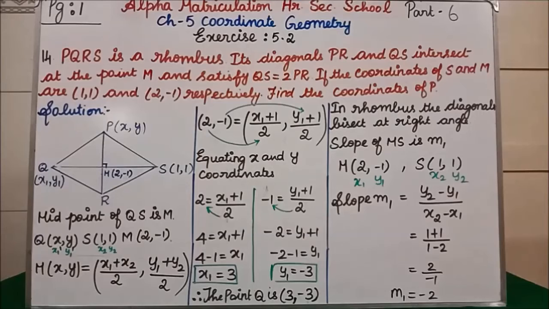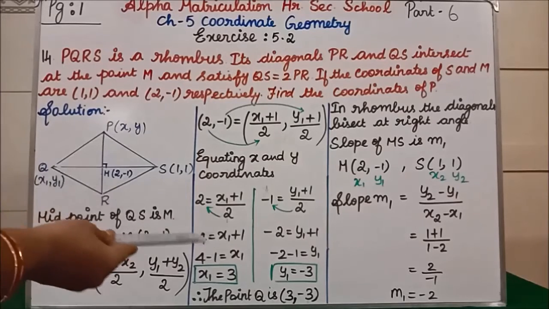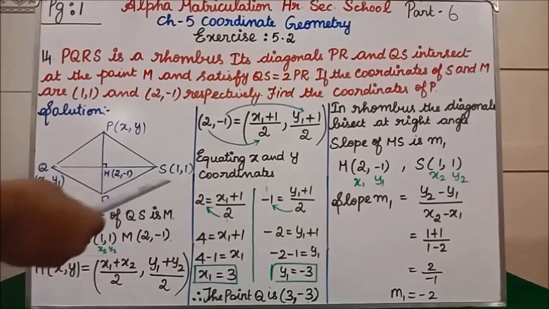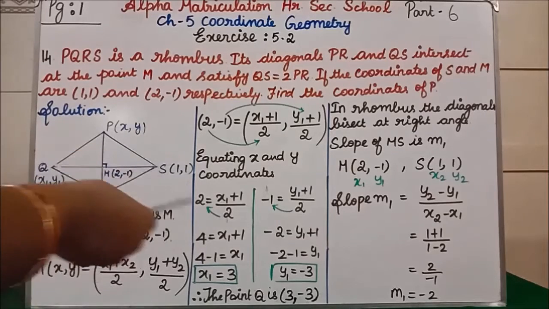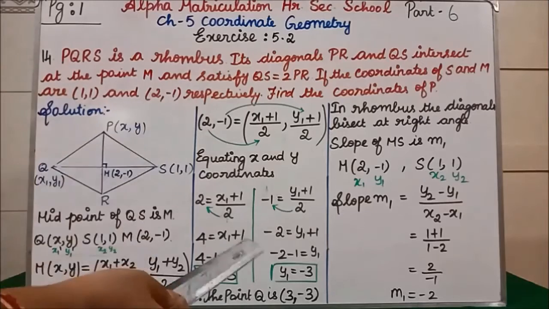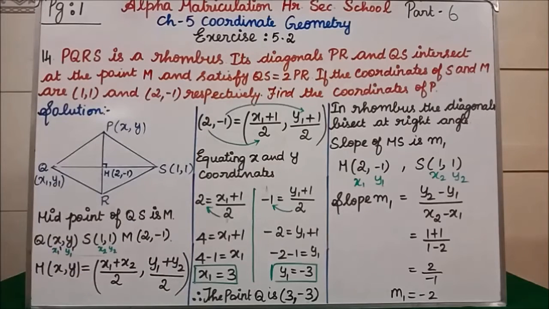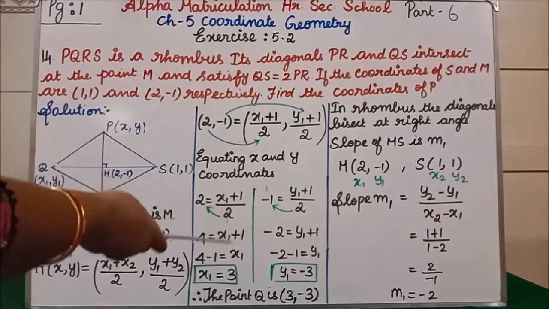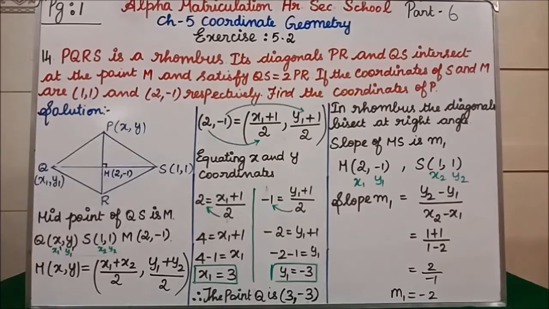The next step we are doing the cross multiplication. 2 into 2 is 4. 4 is equal to x1 plus 1. Similarly 2 into -1 is minus 2 equal to y1 plus 1. Clear? So if plus 1 comes to this side, it becomes minus 1. 4 minus 1 is equal to x1, so x1 equals 3.